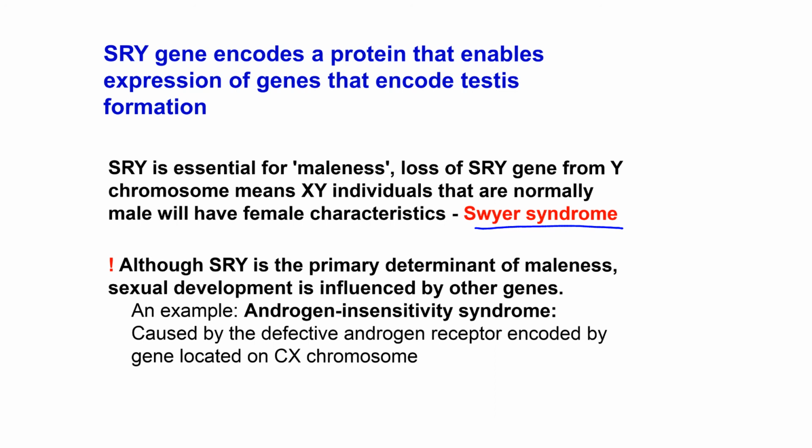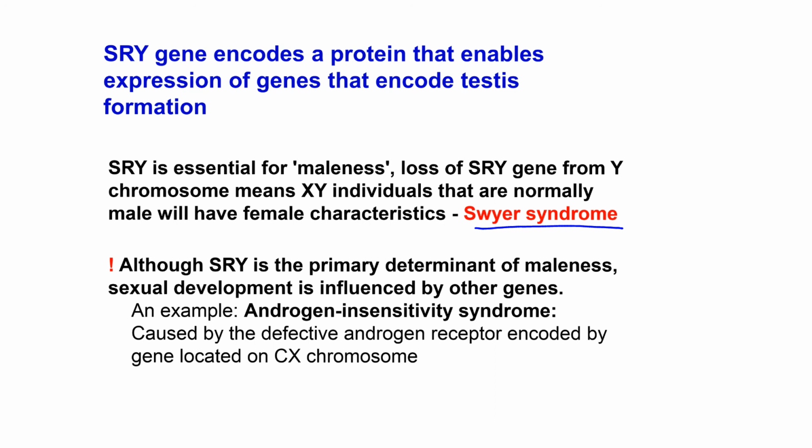So these two are examples which directly show the importance of the SRY gene in the development of males. However, you have to keep in mind that although SRY is the primary determinant of maleness, there are many other genes which might be located on X chromosomes or autosomes which influence development of male characteristics.